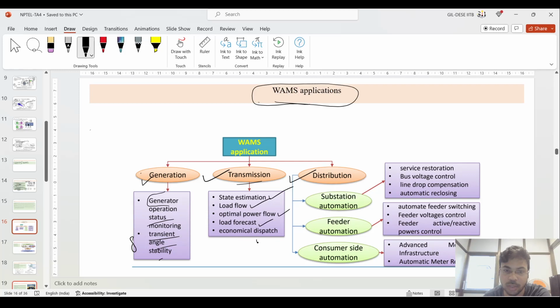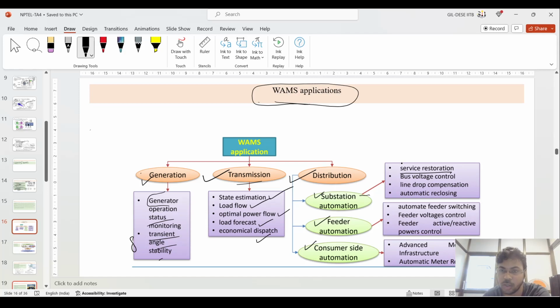At the transmission level, you see state estimation of the bus bar, load flow, optimal power flow, load forecast, and economic dispatch. And in distribution, you have substation automation, feeder automation, and consumer side automation. That is also one of the components of the WAMS application.